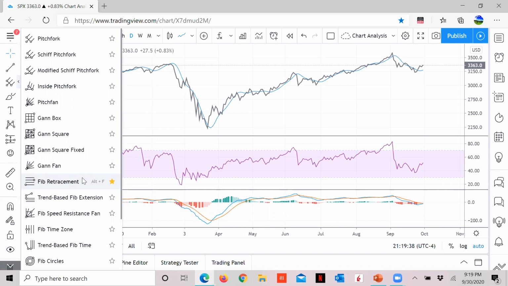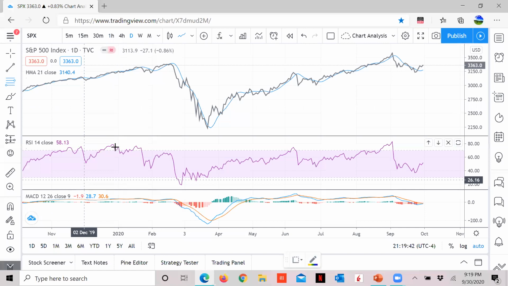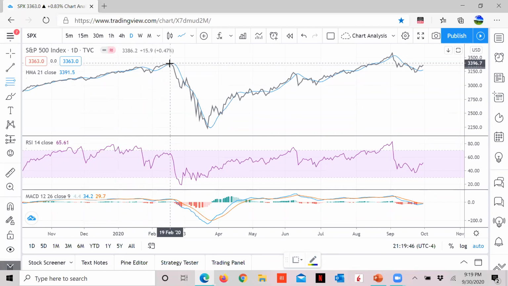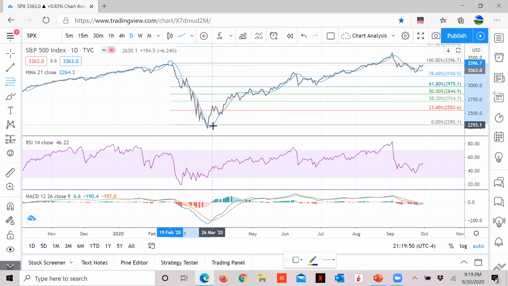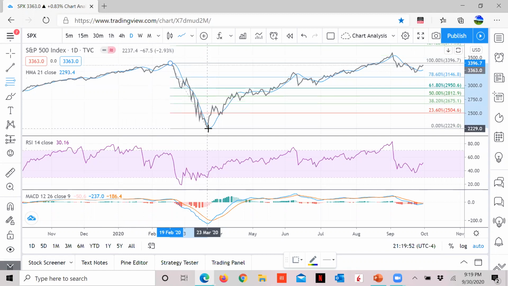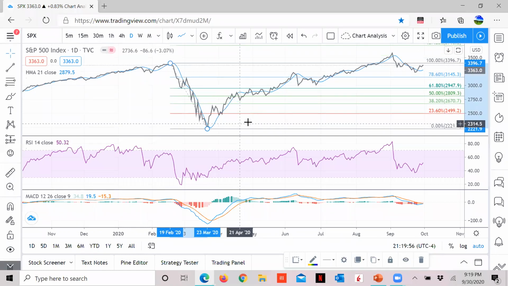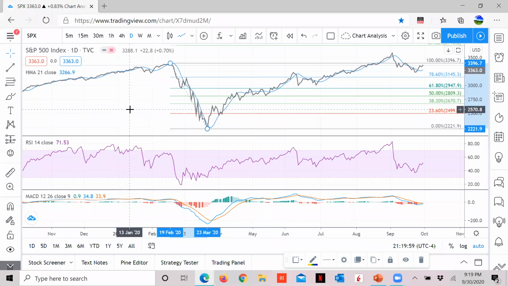The shortcut key is Alt plus F. If you do that, for the Fibonacci retracement, select the highest point. I'm just eyeballing it. Click on the highest point, then go to the lowest one. Once you do that, it shows these.